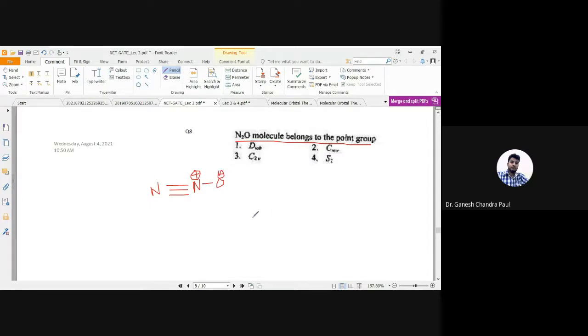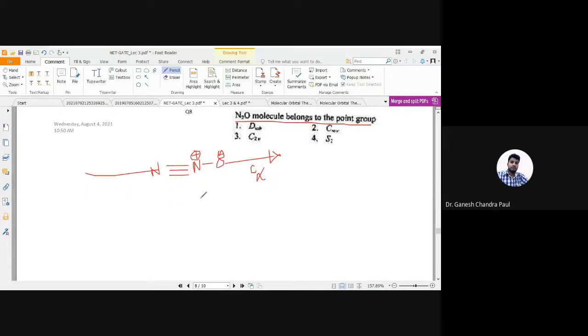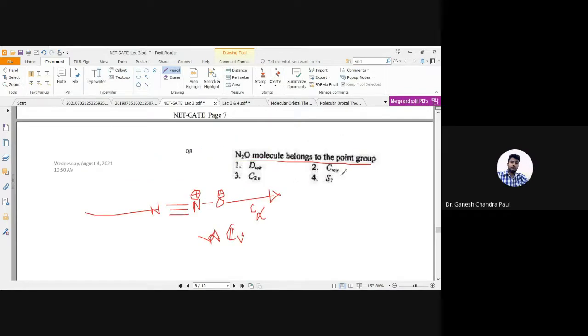Now you can see here, as it is linear and unsymmetrical, this is the C infinity axis, and an infinite number of sigma v planes are there. Therefore, the point group is C infinity v. Option 2 is the correct answer. It's very simple.